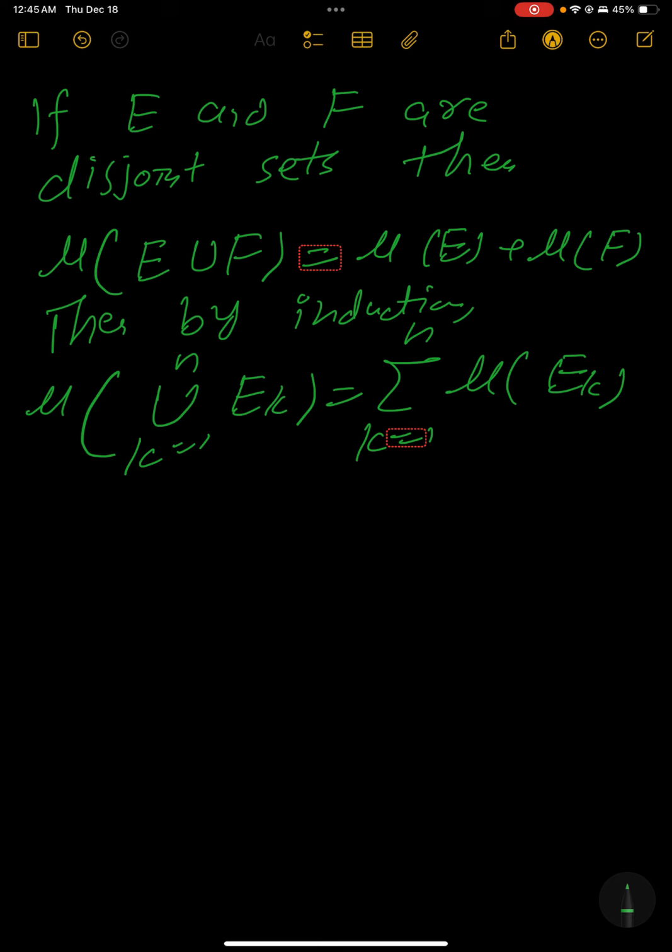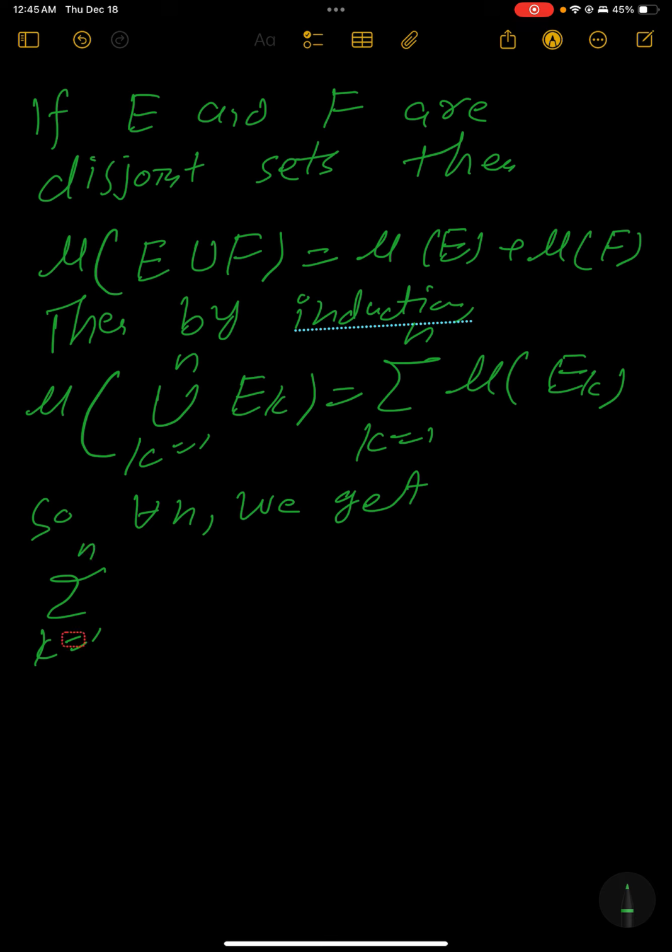This is by induction. So for all n, we get this sum, and I'm going to rewrite this for a reason.